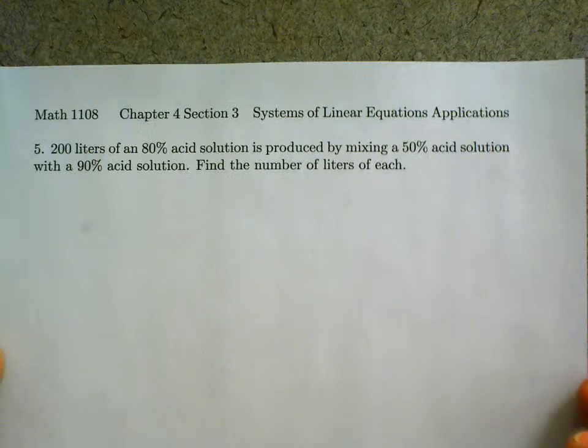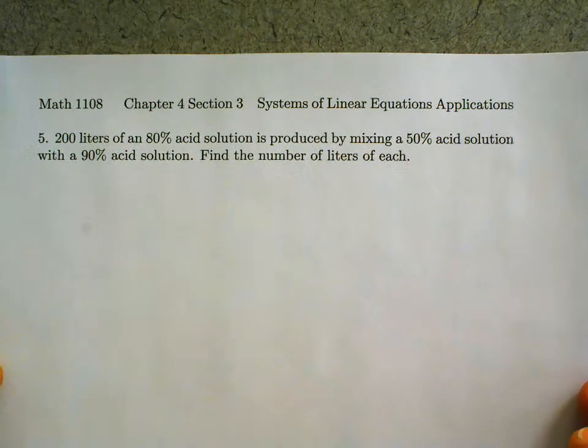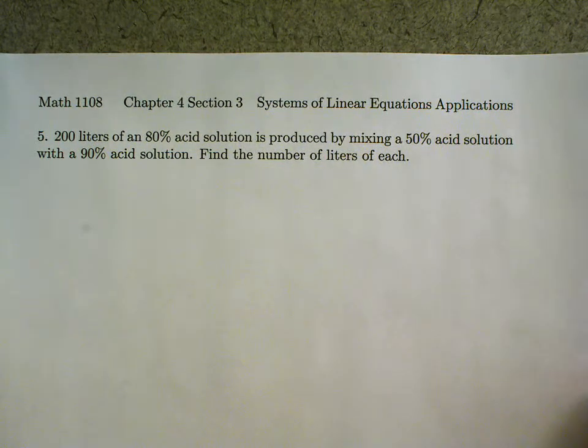Okay, this is a mixture problem. 200 liters of an 80% acid solution is produced by mixing a 50% acid solution with a 90% acid solution. Find the number of liters of each.